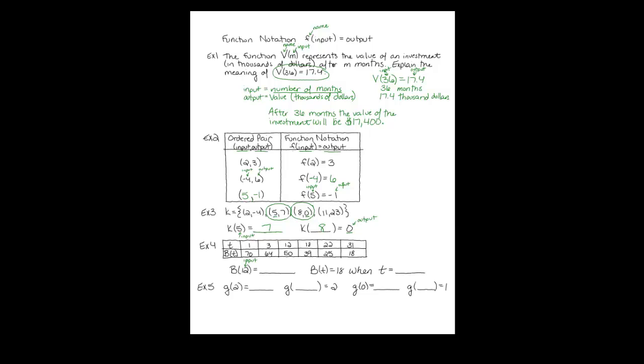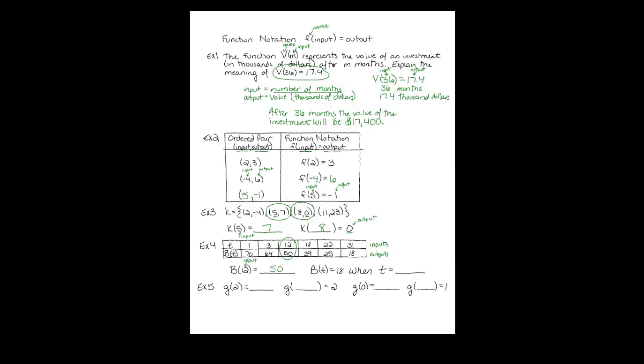In the table, we have t in the top row, b of t in the bottom row. So the top row is the inputs. The bottom row are the output values. So we're looking for the input of 12. That occurs right here. The input of 12, the output is 50.